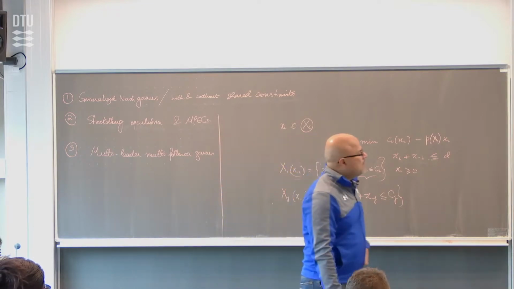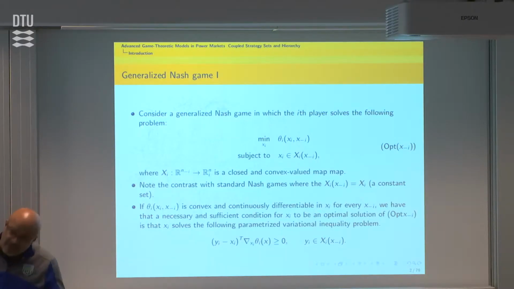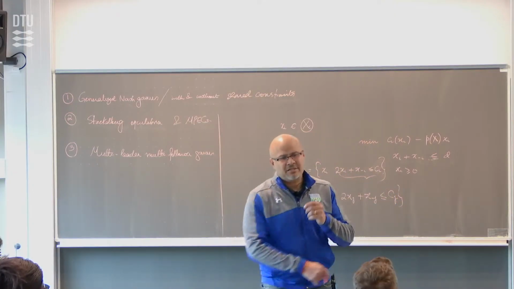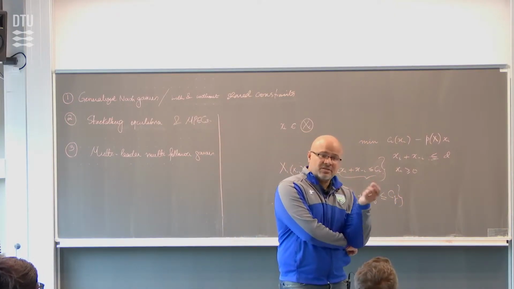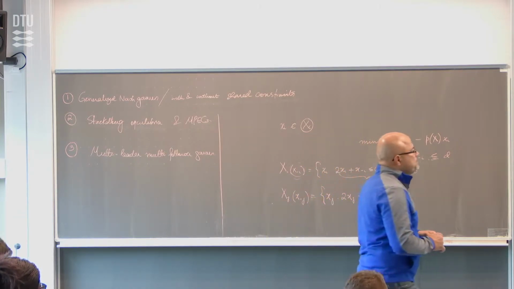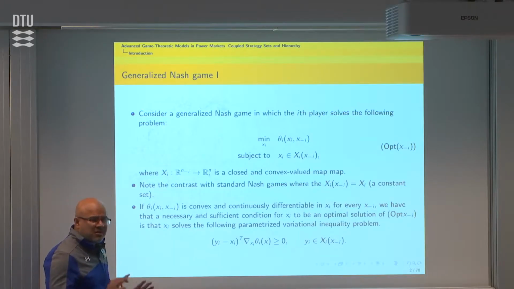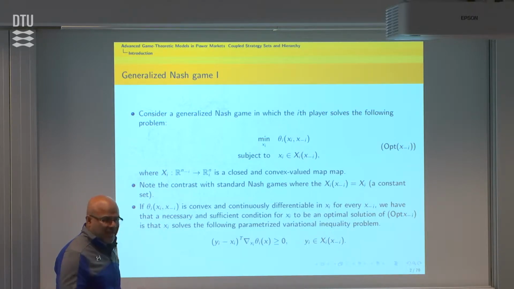And as a consequence, we attach the qualifier generalized to distinguish this class of Nash games from standard Nash games where the strategy sets are invariant with the decisions of a particular agent's competitors. Now, does everybody understand the distinction in terms of the models? Whenever you have any kind of coupling, the game essentially becomes a generalized Nash game.